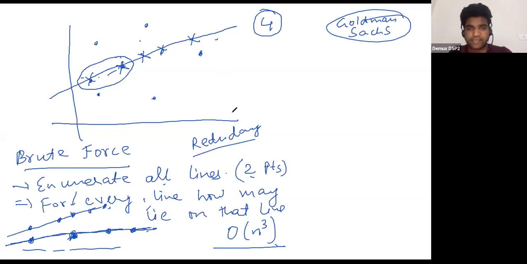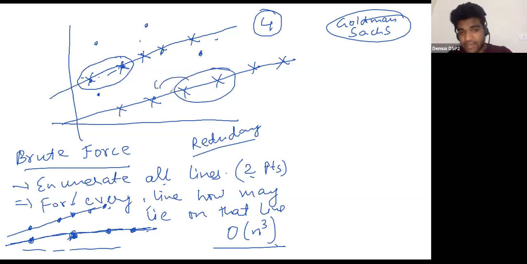The redundancy there is that if you take any pair of points on a particular line, let's say there were 6 points, for every pair you will enumerate this line again, and you will check these points. So aren't you doing the same work again and again?